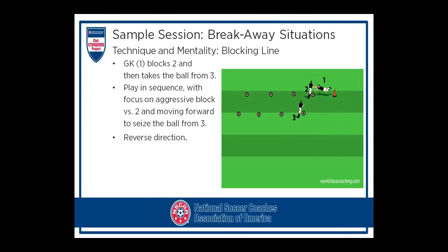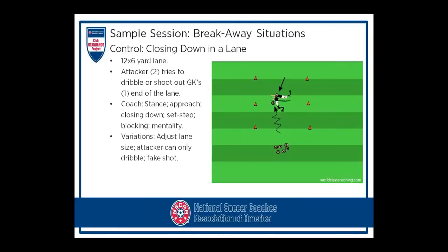And I think the importance here is that not only are we doing some blocking work, but we're also getting up and making a second save and having to move forward to make that save, something that, again, we want to grill into the goalkeepers in this situation. So obviously we reverse direction so that the goalkeeper is working both hips in their warm-up as well.